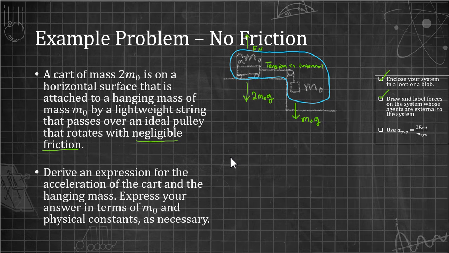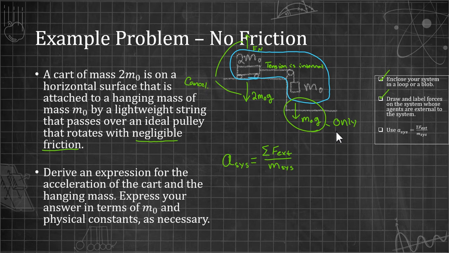Now we're going to use acceleration of the system as the net external force divided by the mass of the system. One thing we can note here is that the normal force on the cart and its weight force, the 2 m naught times g, are going to cancel out. So they're not going to affect the acceleration of the system. The only external force that's going to affect the acceleration is the weight force of the hanging mass.